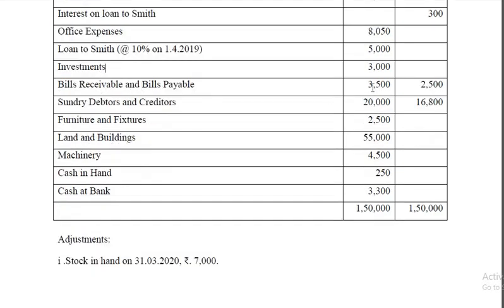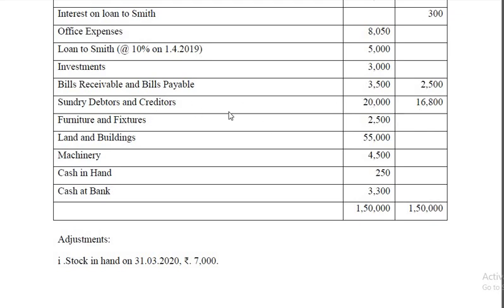Bills receivable 3,500 comes on the asset side of the balance sheet, current assets. Bills payable, it is a current liability, will appear on the liability side of the balance sheet. Sundry debtors 20,000 and creditors are 16,000 each. Sundry debtors will come to the asset side, creditors will come to the liability side.